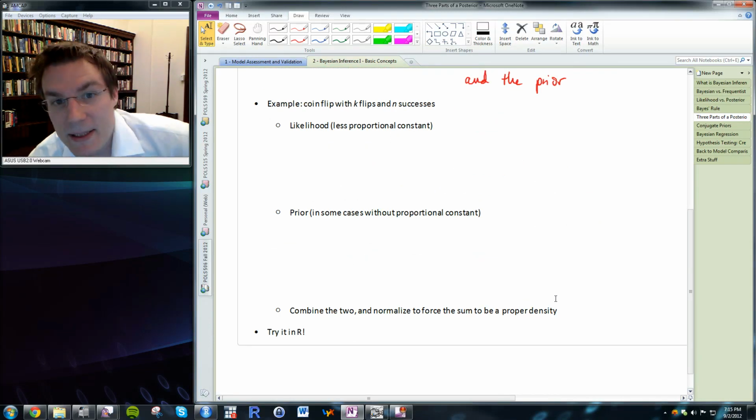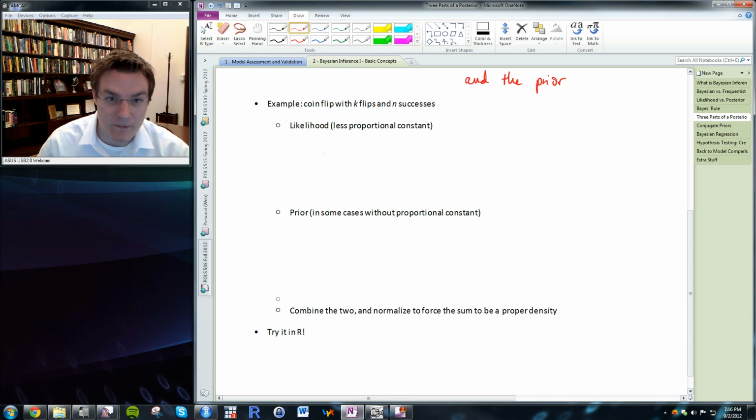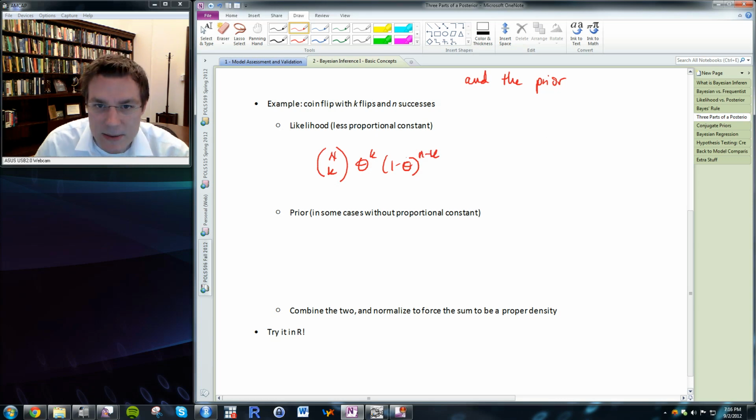So going back to the coin flips example, we already know what the likelihood is. The likelihood is going to be N choose k, where this is the binomial constant here, theta to the k, 1 minus theta to the N minus k. This is supposed to be a cap N. Okay, that's fine. There are some things we can strip out right away.